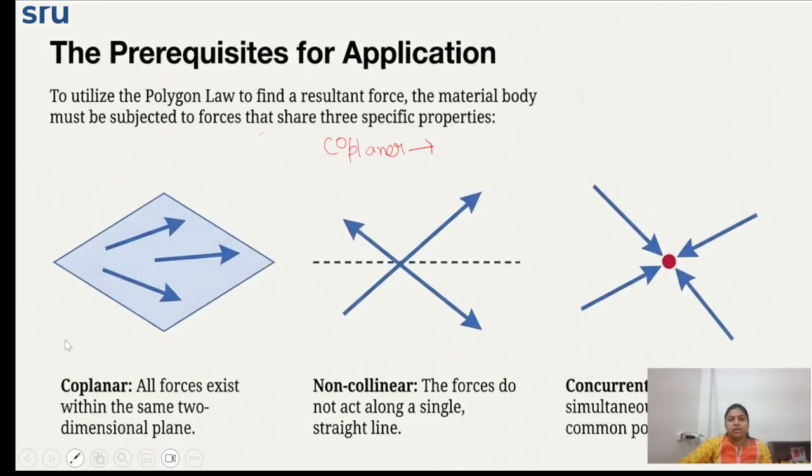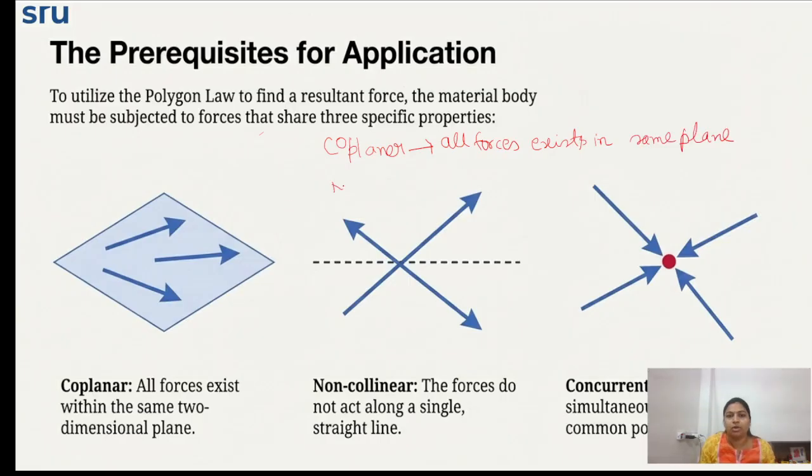And second is non-collinear. So in coplanar, all forces should exist in the same plane.